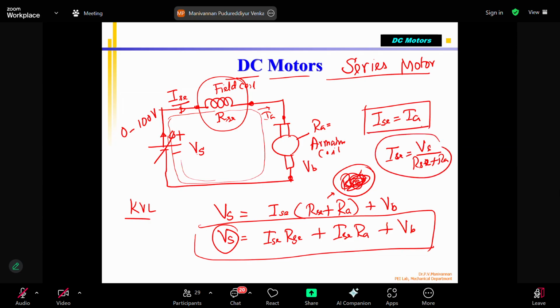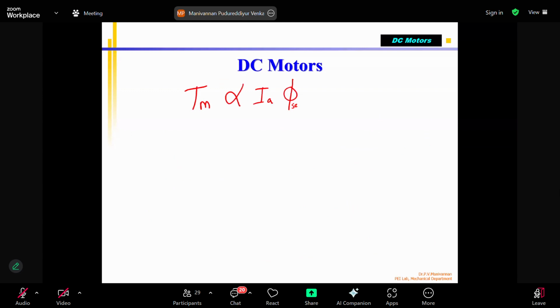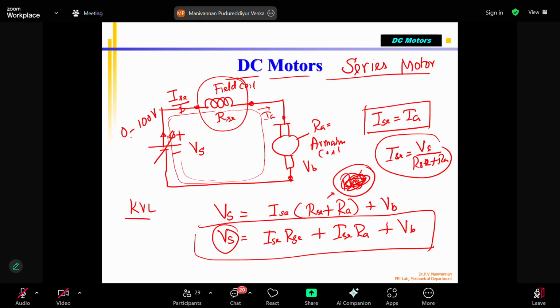Both are the same current. Now, as you increase the voltage to the coil, 0 volt, 10 volt, 20 like that, this magnetic flux phi starts increasing with I series.